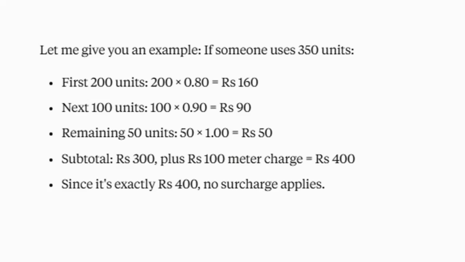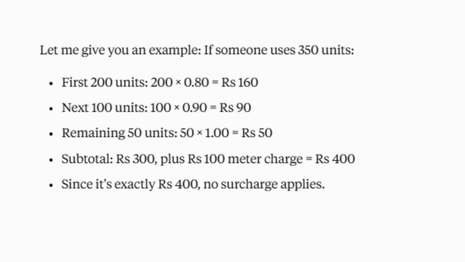The next 100 units will be charged at 90 paise, and since the user has consumed 350, that is 200 plus 100 plus another 50, the remaining 50 units will be charged at 1 rupee. Then they will add an additional 100 rupees as a meter charge, and if this amount goes beyond 400 rupees, then there will be a surcharge. In case it is not crossing 400 rupees, there will not be a surcharge.